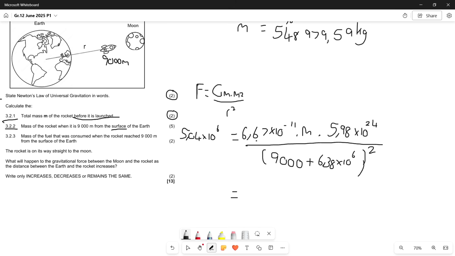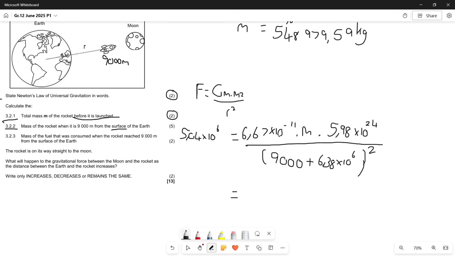At this stage, we have plugged in all the variables and all the information in order to calculate the mass of the rocket over there. So all we need to do is solve for it. So in my calculator, I'm going to put everything on this side, excluding the m, so I can just simplify all of the numbers here. So 6.67 times 10 to the negative 11 multiplied by 5.98 times 10 to the 24 divided by this whole bottom portion.